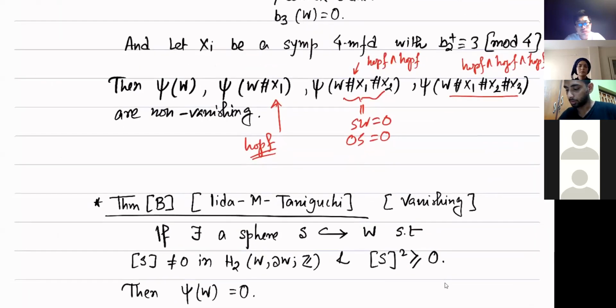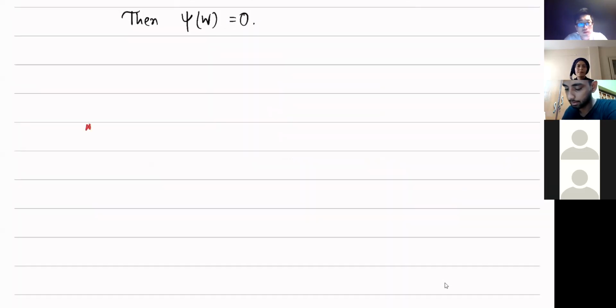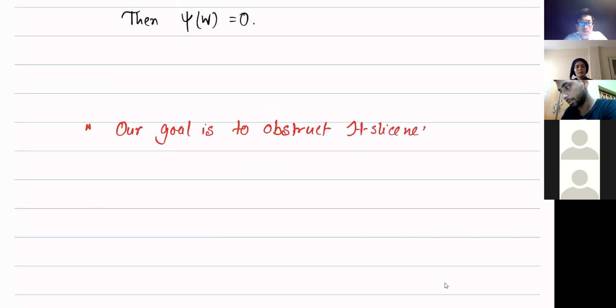So our goal here is to obstruct H-sliceness in symplectic caps.